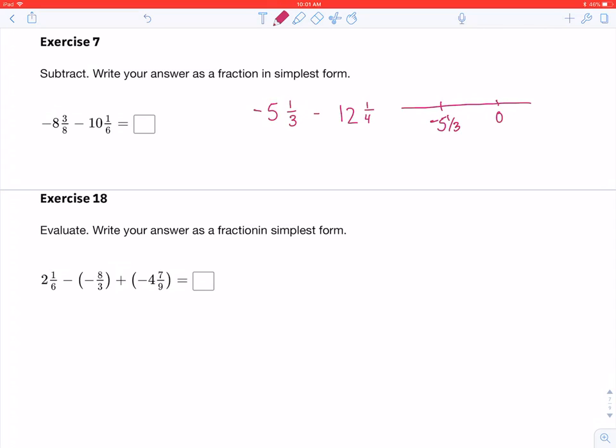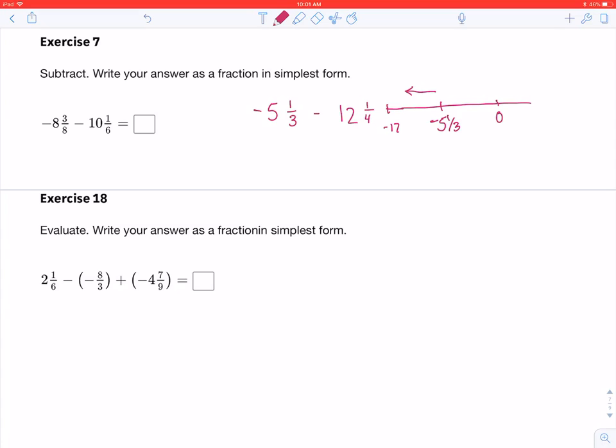To take away on number line means to go to the left. And so if I'm taking away 12 and 1/4 from -5 and 1/3, then that means my answer needs to end up somewhere around -17, because -5 minus 12 is going to be somewhere around -17. Now that's not my answer, but I know that it's going to be somewhere around there.